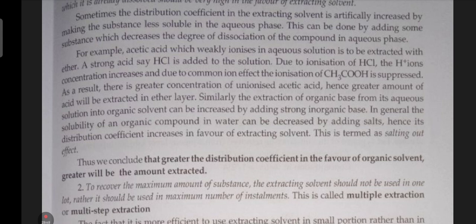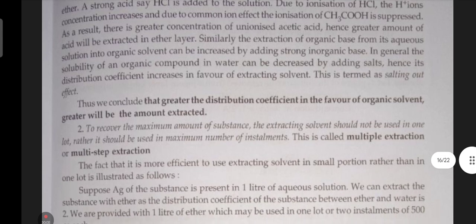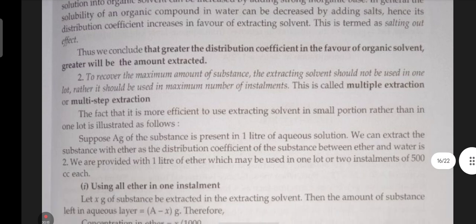In general, the solubility of an organic compound in water can be decreased by adding salt, hence its distribution coefficient increases in favor of the extracting solvent. This is termed the salting out effect. We can conclude that the greater the distribution constant in favor of the organic solvent, the greater will be the extracted amount.